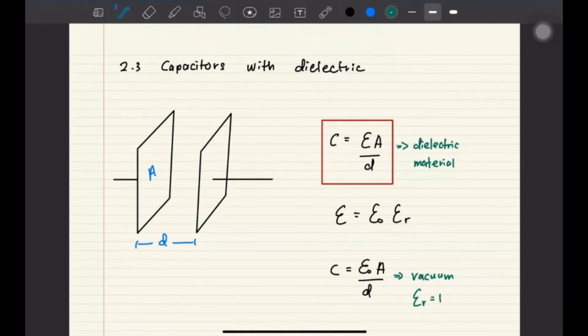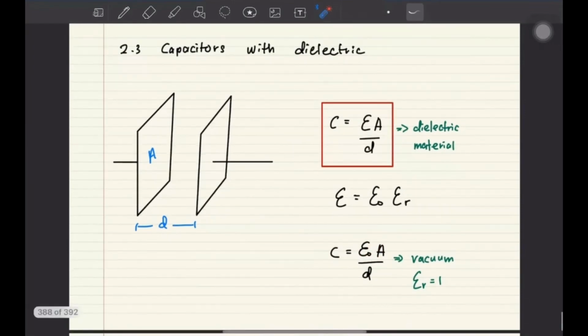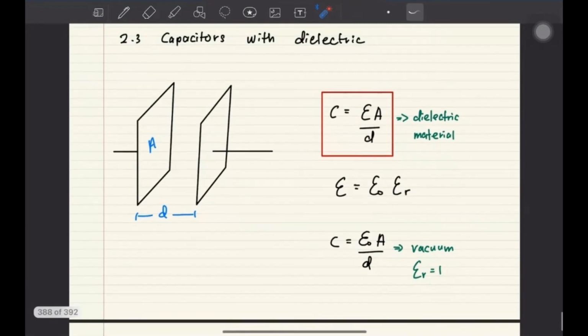Kalau epsilon r kamu sama dengan 1, kamu masukkan dalam ni, so dia jadi epsilon naught. So sebab tu biasanya kalau kita tak ada dielectric materials, you just assume to use epsilon naught. Kalau tak kasih nilai epsilon r, kita just gunakan epsilon naught. Okay, so these three quantities affect dia punya nilai capacitance tu.